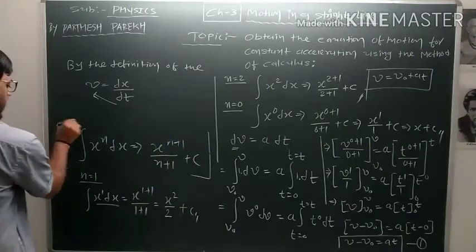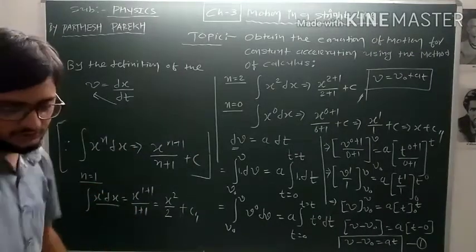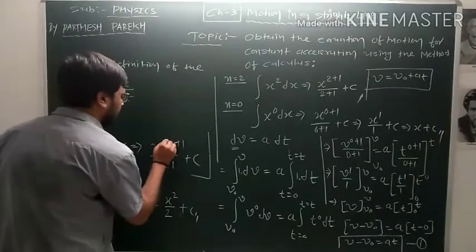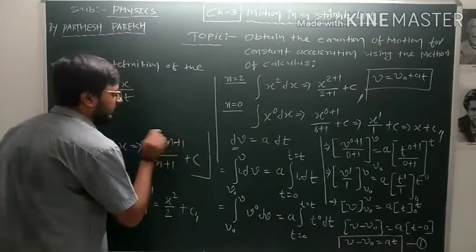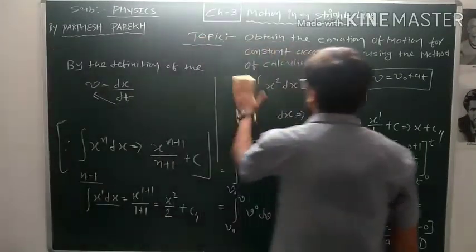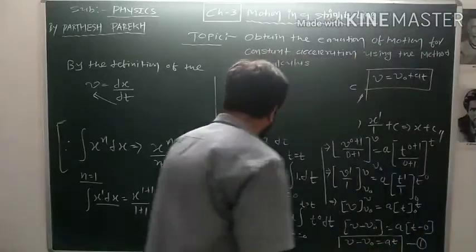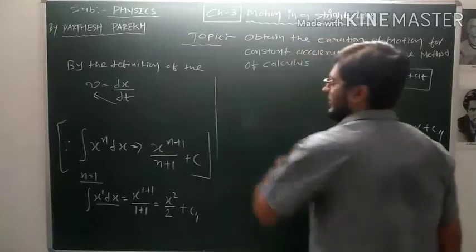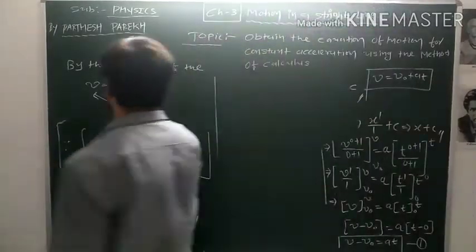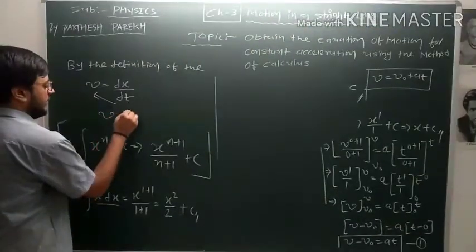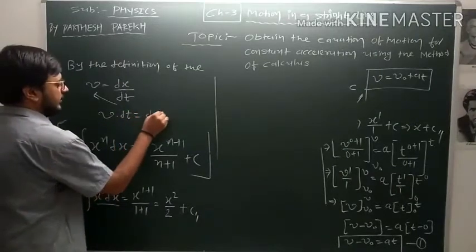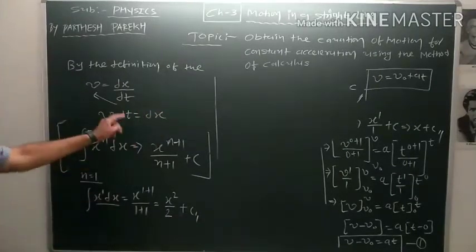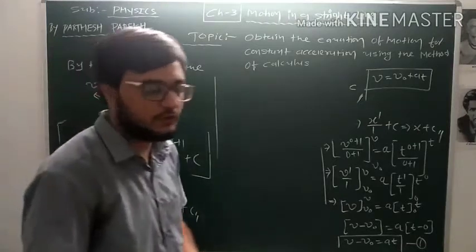I won't rub out this formula because it is needed. This one is not needed, so I can rub this. So here we can get v into dt is equal to dx.